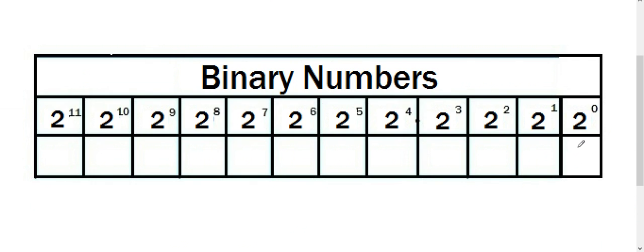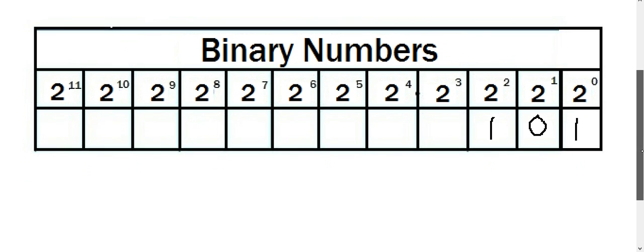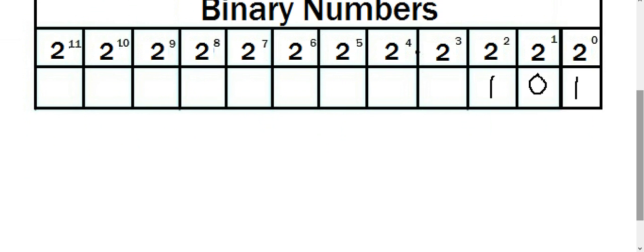What if you wanted to write the number 4? Well, you have 1, 0, 0, and then you're finished. Okay, what about the number 5? Well, the biggest number that can go into 5 is a 4. So you have a 1 in the fours place, and then you have a 1 left over. So you don't need a 2, but you do need a 1. So that would be 101.